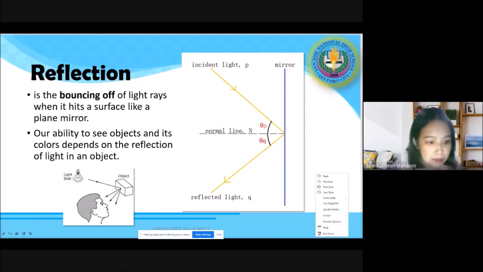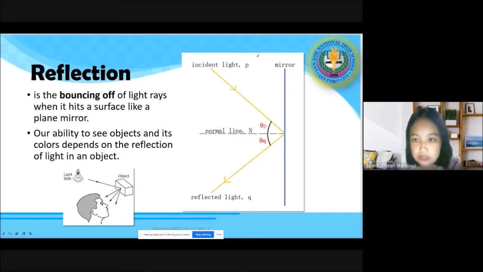So say for example, if we have light that is coming from this direction, kunwari tuwid yung drawing ko. It hits the mirror and then it should be reflected such that the angle would be the same. So dapat yung angle na mapo-form ng incident light at saka ng reflected light should always be equal.